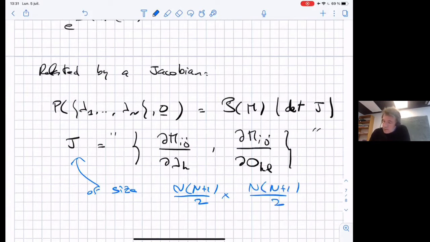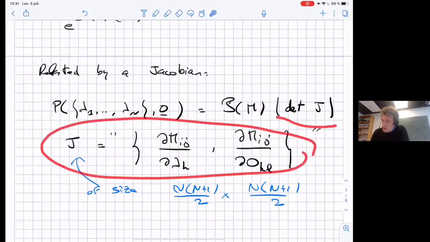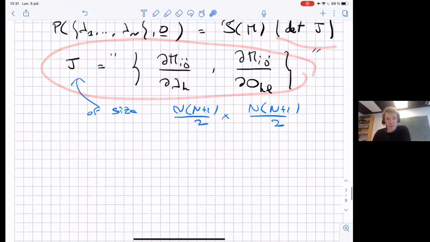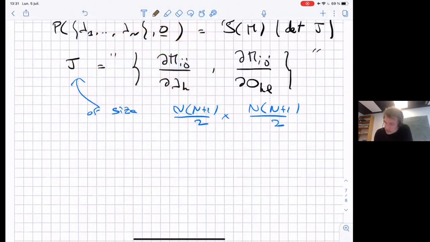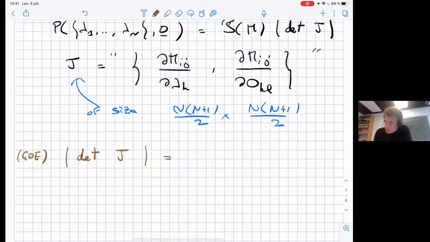Since it's not really a full course on random matrices, I don't want to bother you with the computation of this determinant, but simply give you the result because it will be extremely useful in the following. Quite remarkably, it turns out that the determinant of J, for GOE, written this way, has a very simple structure, and this is just what I'm writing here.